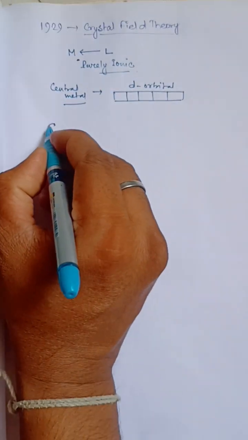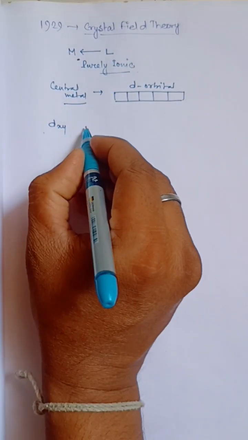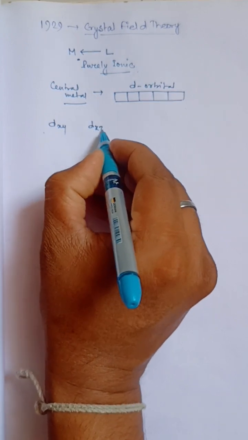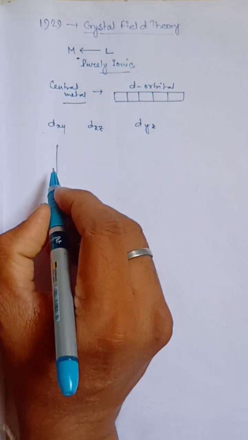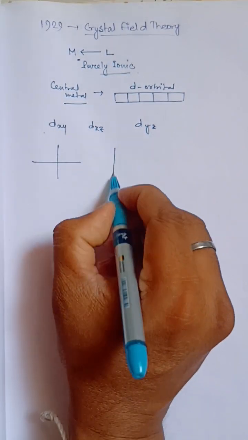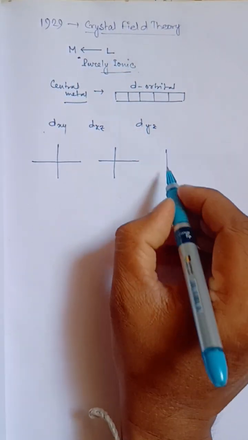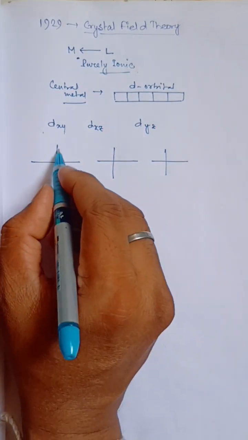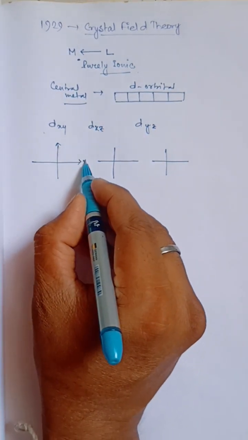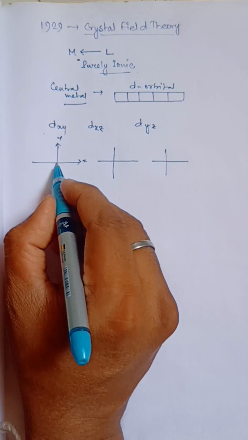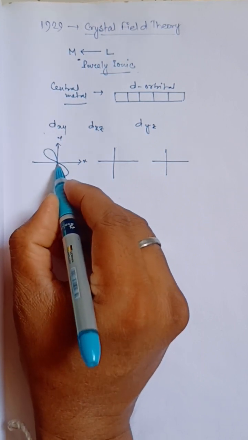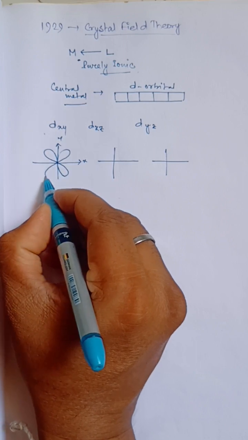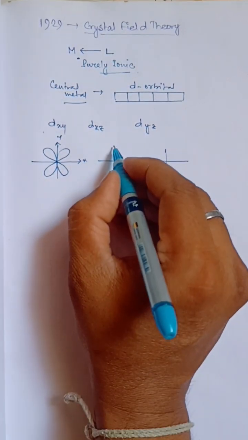So a total of two types of orbitals are there: dxy, dxz, and dyz. The lobes are in between axes, or two different axes. Suppose this is x and this is y, so the orbital is in between x and y. This is the orbital diagram of dxy.